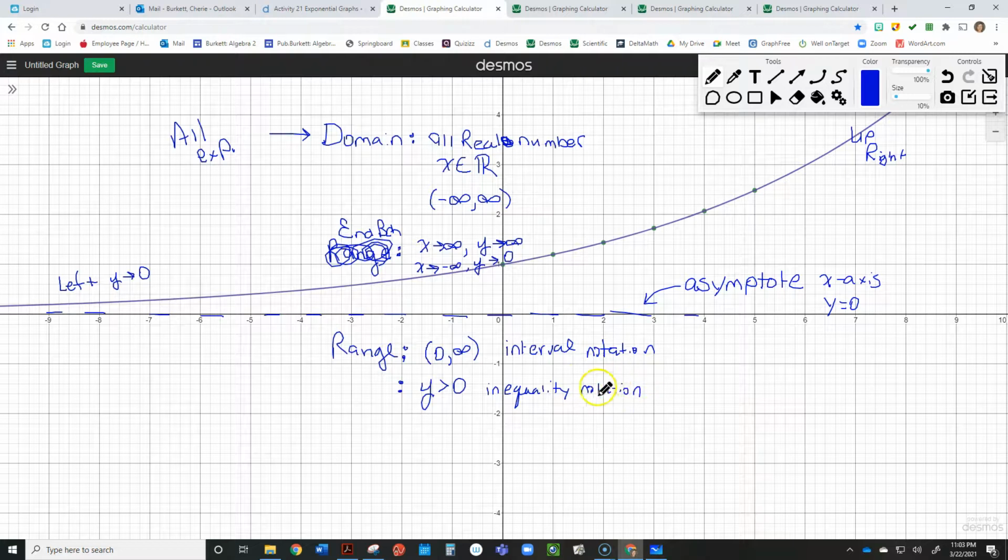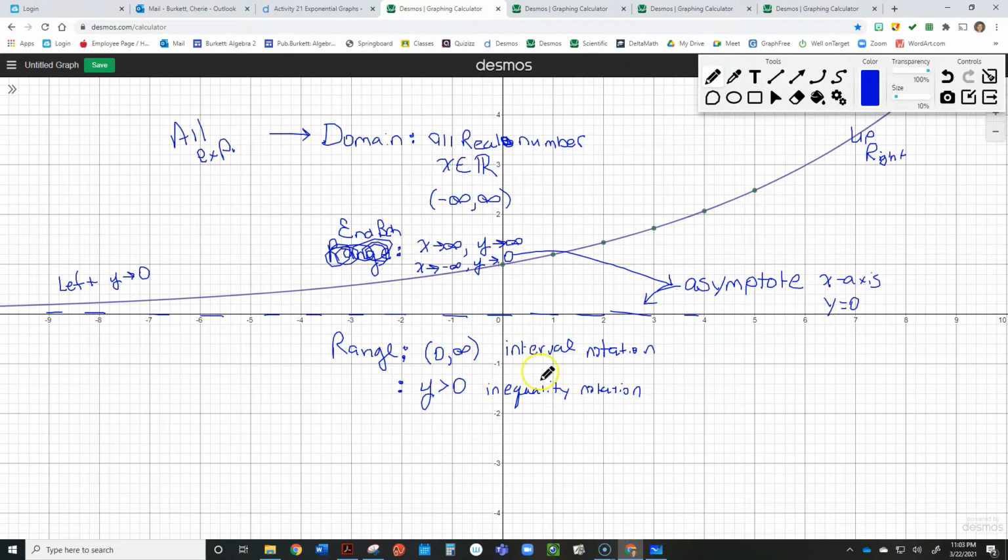Okay, so for all exponentials, the domain is all real numbers. Doesn't matter how you write it. The end behavior of this particular one is up on the right, and on the left, it approaches 0. It approaches your asymptote. So whatever your asymptote is, that's where it's going to approach.